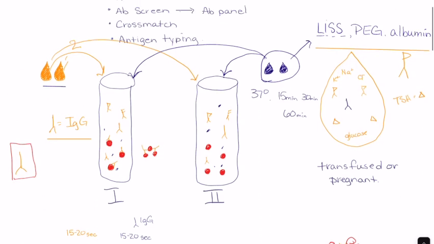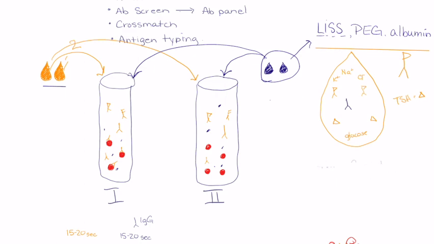So what we do at this point, and let's clean up our image here a little bit for you guys, so we have some space, now we're going to add our AHG, and it usually is green. And what is our AHG?